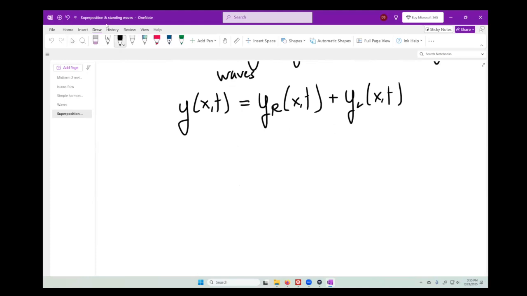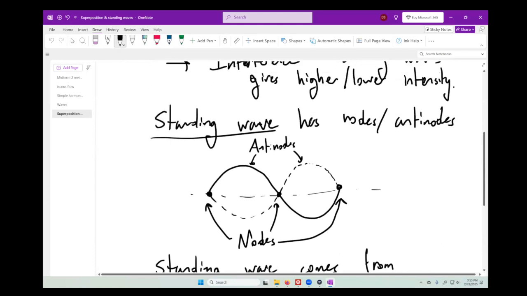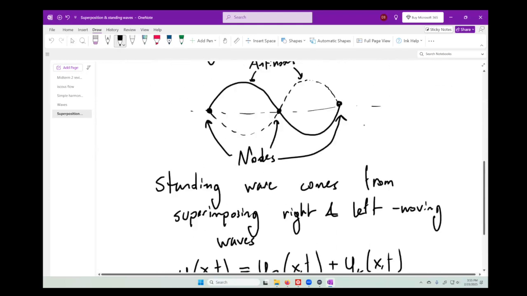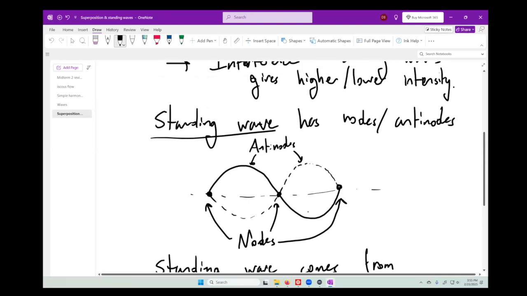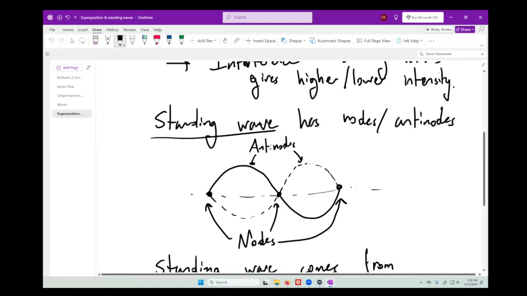But how do we determine that from looking at the diagram? Well, let's say you had a graph like this, right? Like a snapshot graph or a series of snapshot graphs. If you know the frequency of the wave, then you know the wavelength from the standing wave pattern, and from that you know the wave speed.